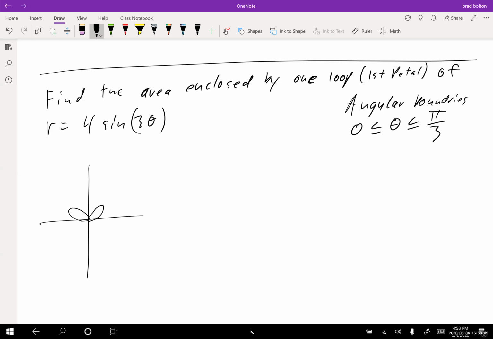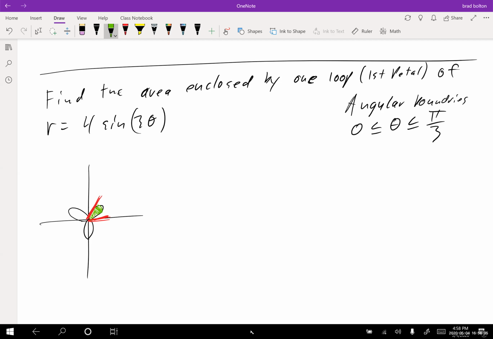I'm not going to get much better than that. Let me try it one more time. Okay, that's as good as it's going to get. Let me see here. So let's try to make our angular boundaries of 0 to pi thirds. So they want us to sweep in between here.